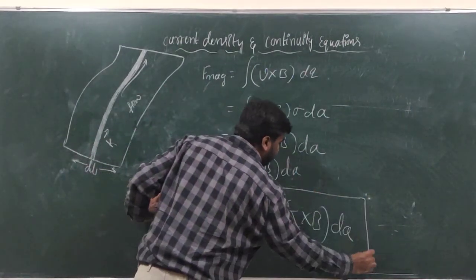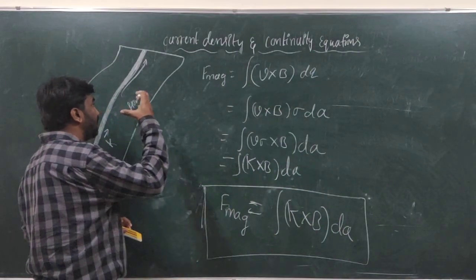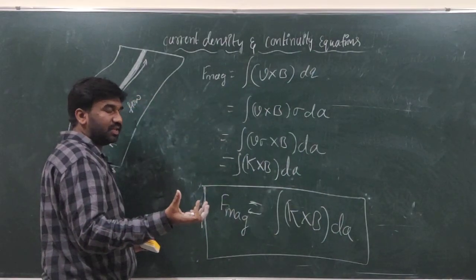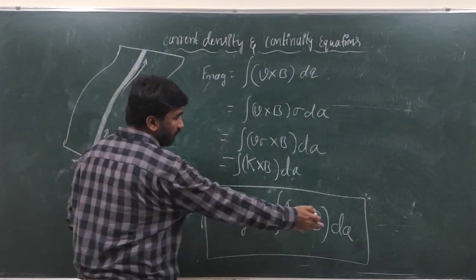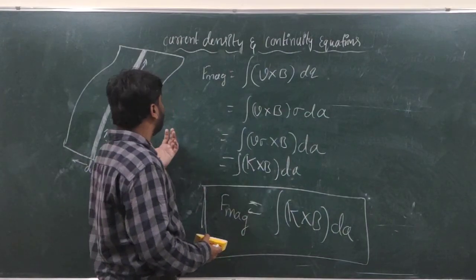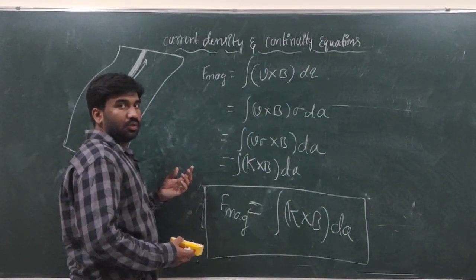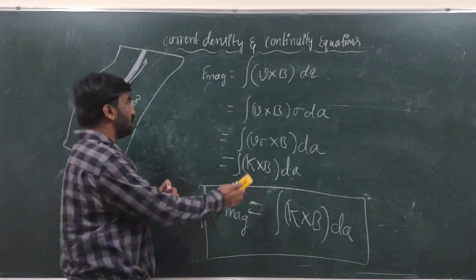So this is the magnetic force on the surface current. If I place a surface current in an external magnetic field, the force on it is F magnetic is equal to the integration of K cross B into dA. Now if I place a volume current in an external magnetic field, what is the force on that current? Let us see.